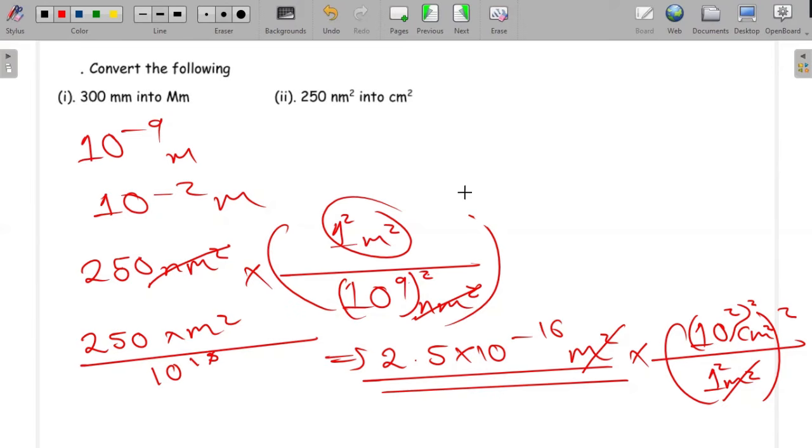Let me just write it on top here. We're going to have 2.5 times 10 to the power minus 16 multiplied by 10 to the power 4 square centimeters.